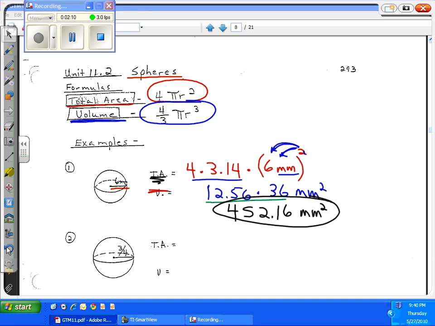For volume, I'll white out number 2 so we can focus on the fact that we're really on number 1.